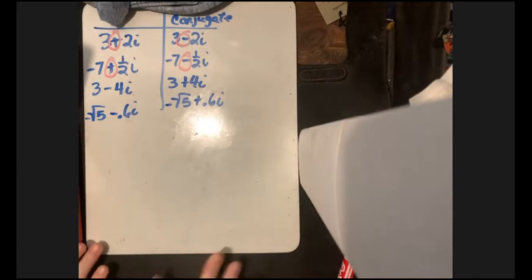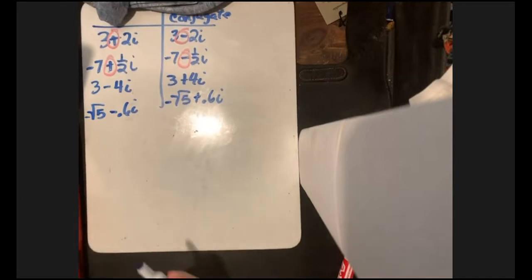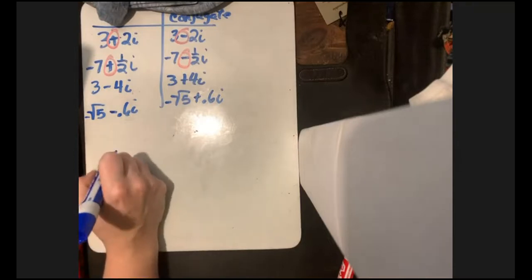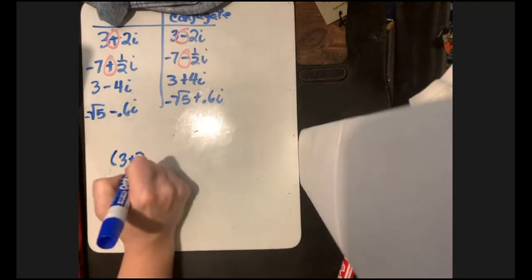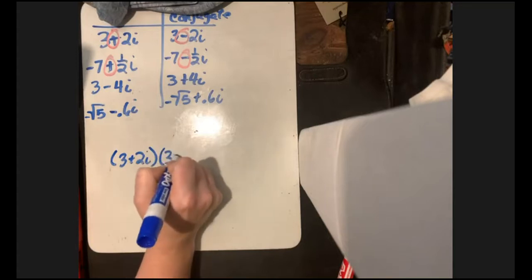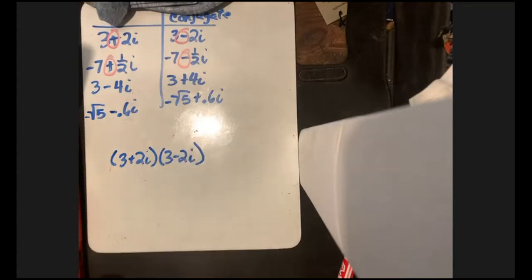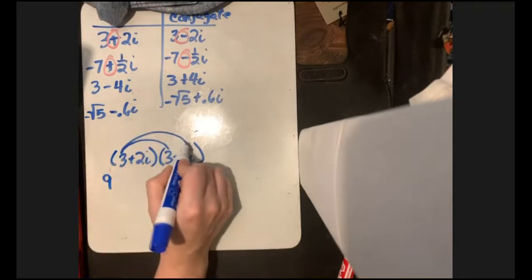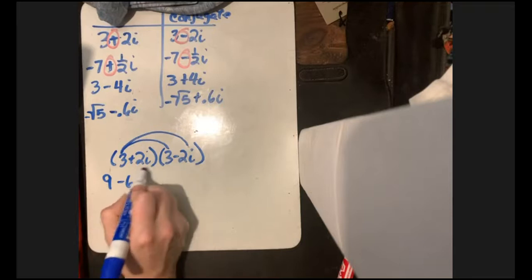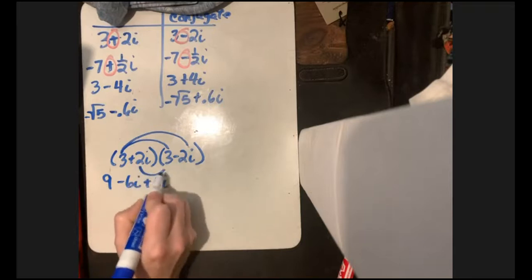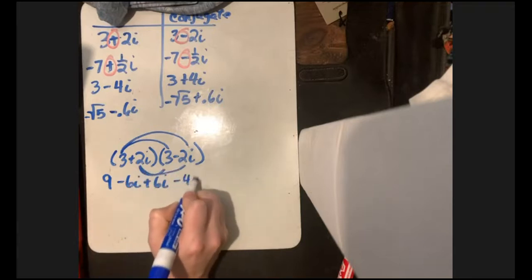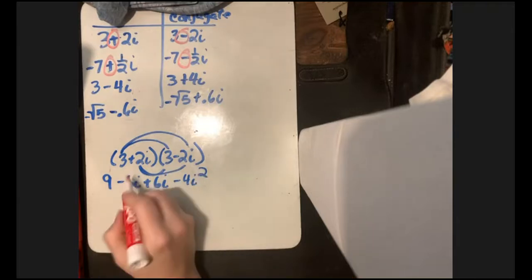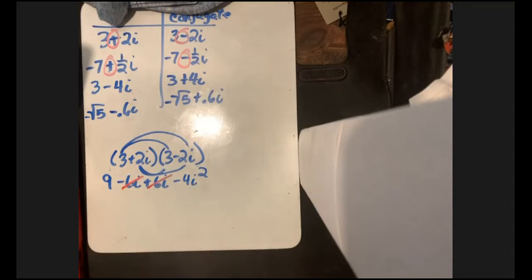Now, one of the things that does happen that is quite nice that we would utilize when we go into division is the fact that when you take a complex number and its conjugate, so I'm just going to take that first pair, and you multiply them together, okay, notice here that that minus 6i plus 6i is going to cancel out.